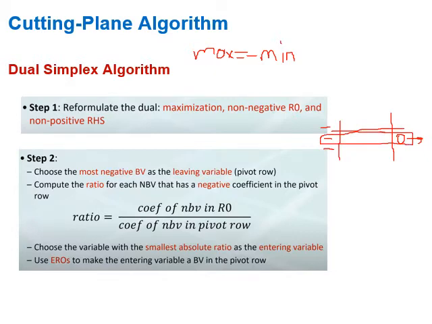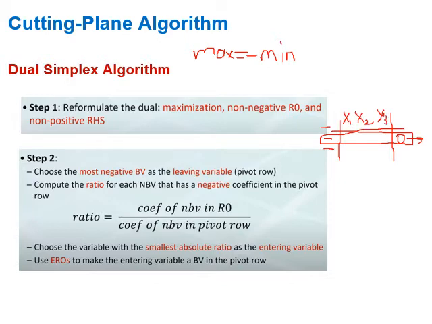Okay. So then we compute the ratio for each non-basic variable that has a negative coefficient in the pivot row. Now we need to calculate the ratios. The ratios are calculated by the row 0 coefficient divided by the coefficient in the pivot row. So we may have, let's say, variable x1 here, variable x2 here, and variable x3 and so on.